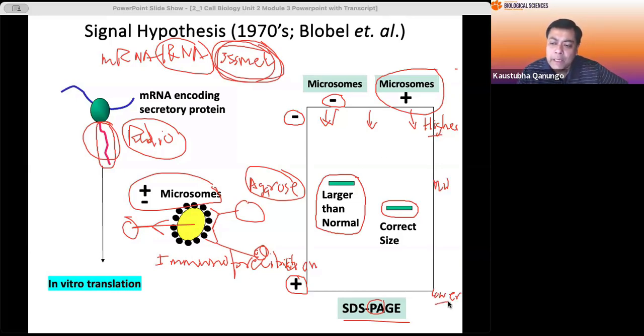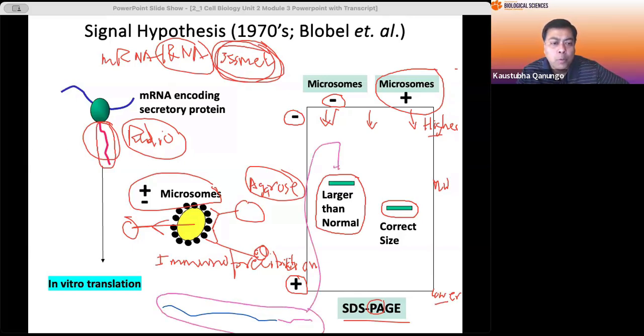So what is happening here is that without the microsome, the molecular weight is larger because you have the entire protein right here, and the signal sequence here. This is the entire protein that you are seeing.